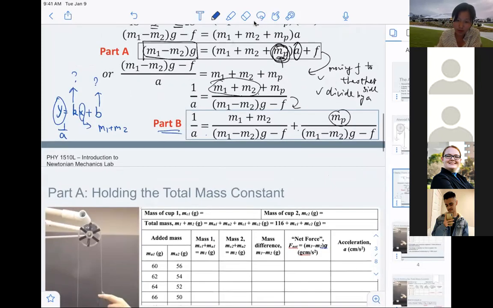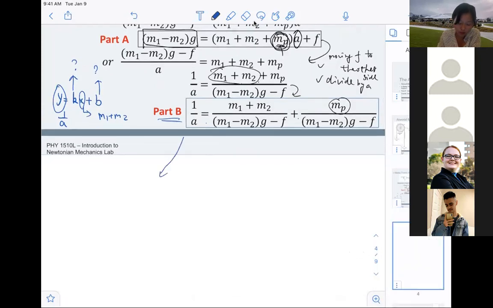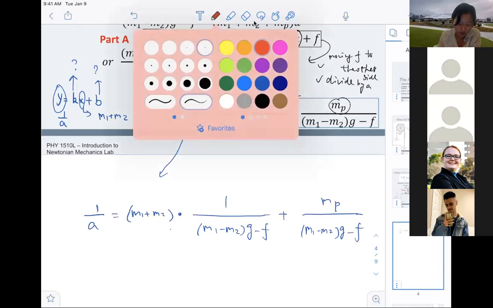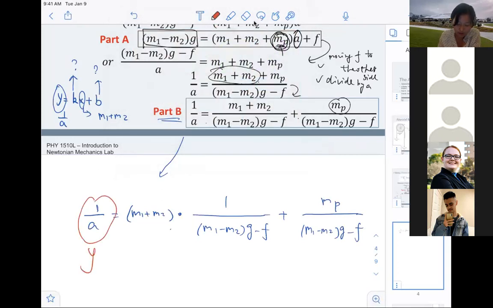Okay, so let me rewrite this a little bit. So this equation is 1 over A is equal to M1 plus M2 times 1 over M1 minus M2 G minus F, right? So this is really just the first term, plus MP over M1 minus M2 G minus F. Okay, so I'm saying this is my Y, this is my X, what is my K, and what is my B?